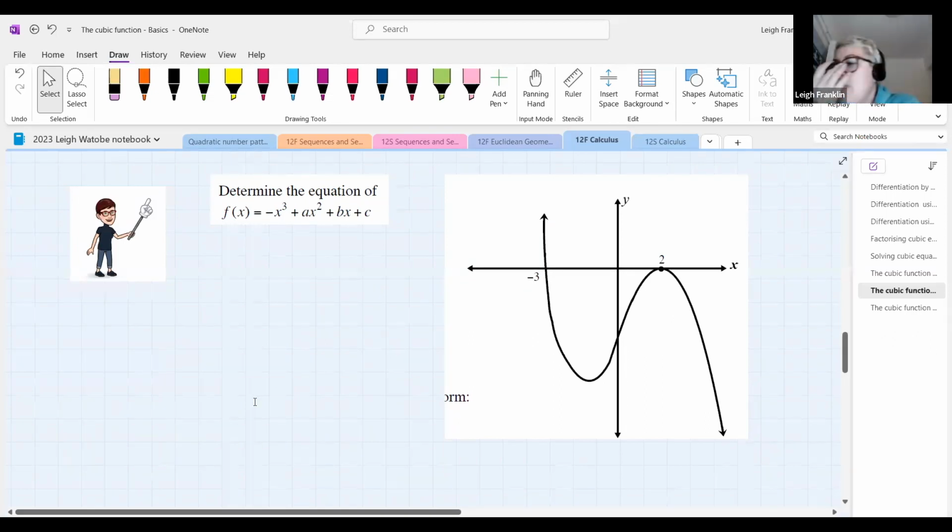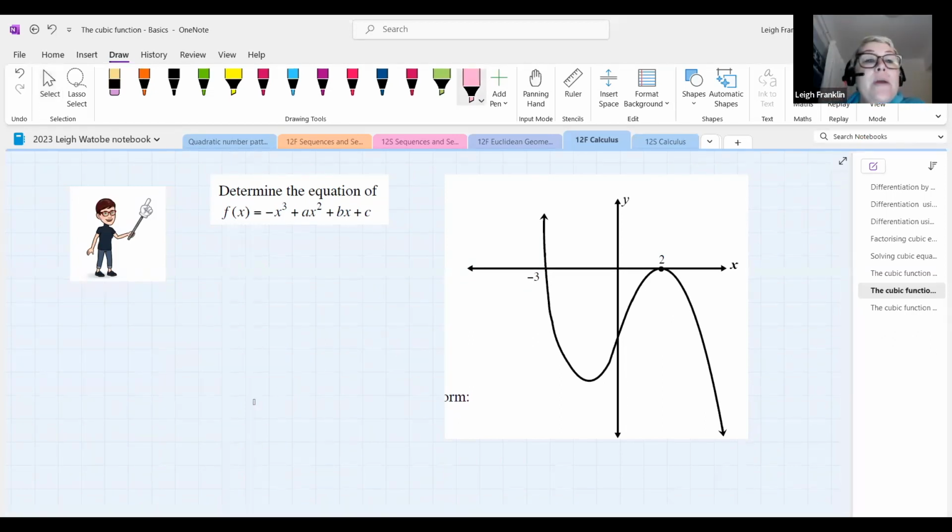When you have a graph that has a turning point that is also an x-intercept, something very interesting happens. If we go back to y equals a times x minus x1, x minus x2, we find that when a point is a turning point and an x-intercept, then that bracket will always be squared.